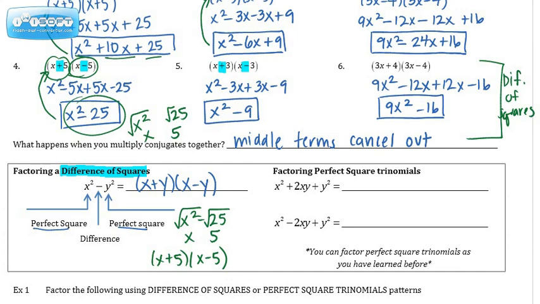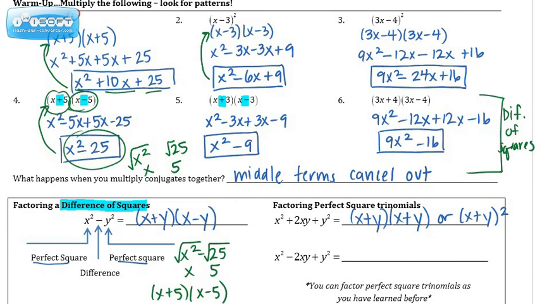Now the next one is called factoring perfect square trinomials. So what this means is if you have x squared plus 2xy plus y squared, this can factor to x plus y times x plus y, or x plus y squared. So if we go back up to example 1, this is a perfect example of it, okay?